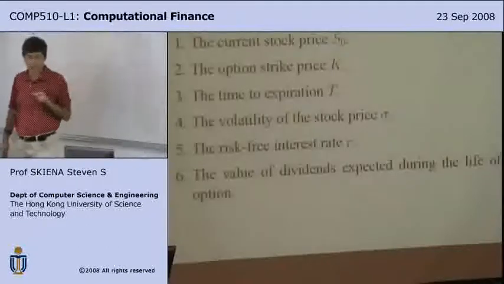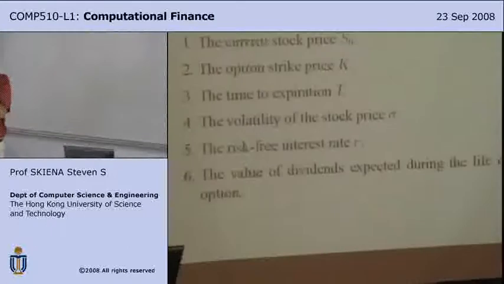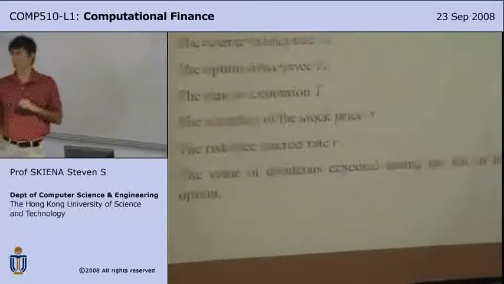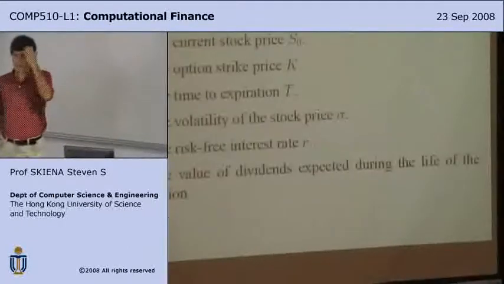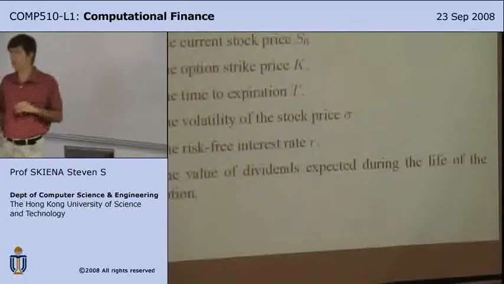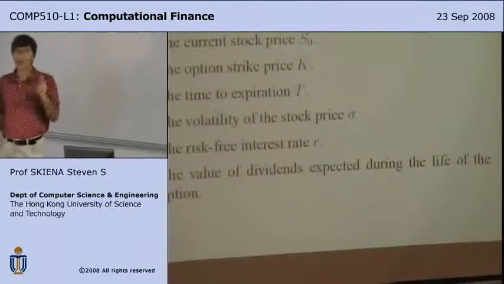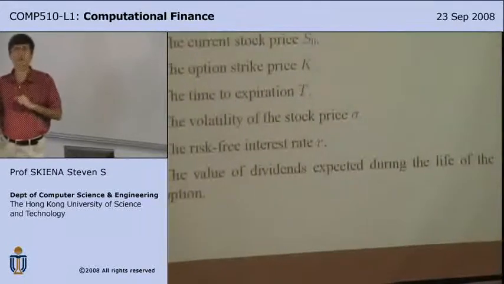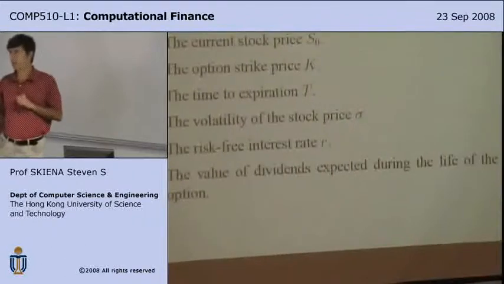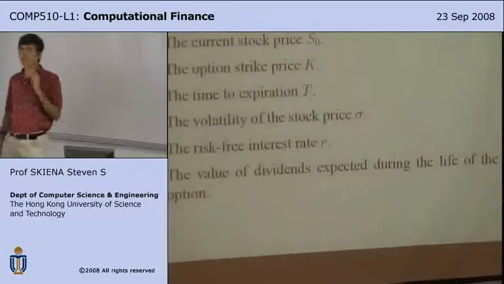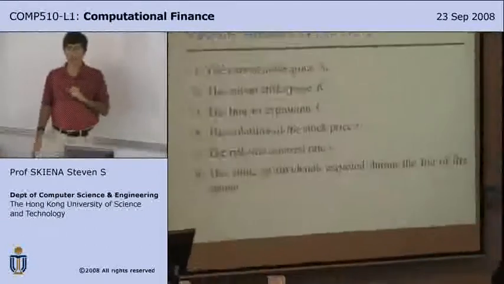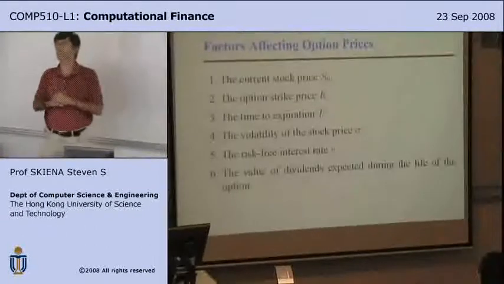But because there's a market maker whose job it is to buy and sell these things, and because they can create as many of them as they want, supply and demand is not in principle the big driver of this. The big driver of it is the fundamental value of what the option will be worth.